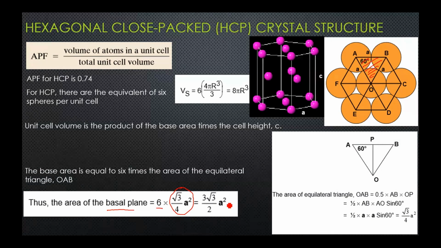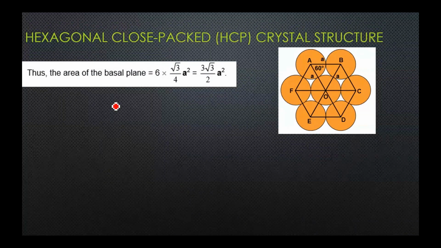Remember this volume of the atoms. Anyways, moving on. So this is the area of the basal plane, which is in terms of a. I already have developed a relationship that a is essentially equal to 2 times r.